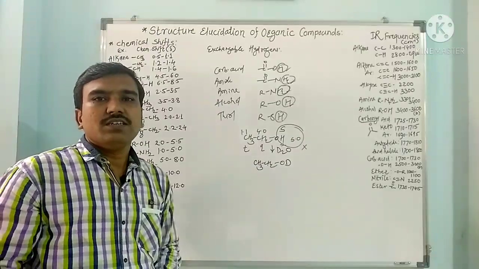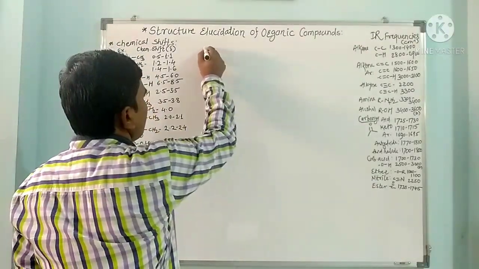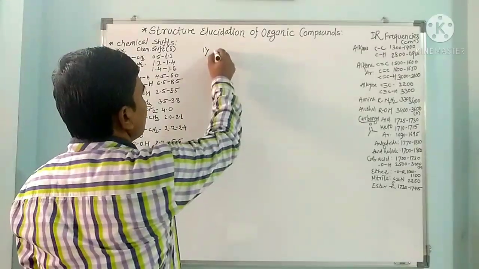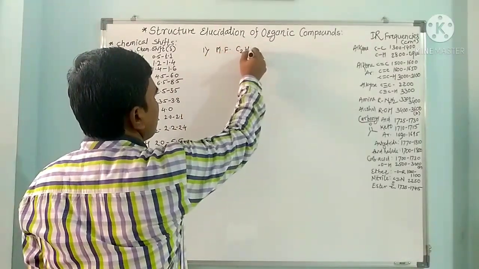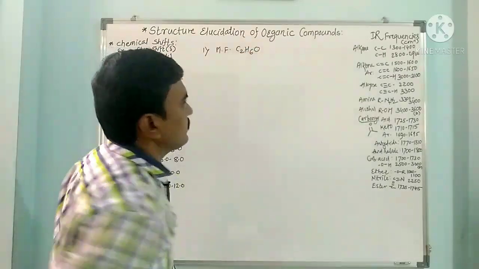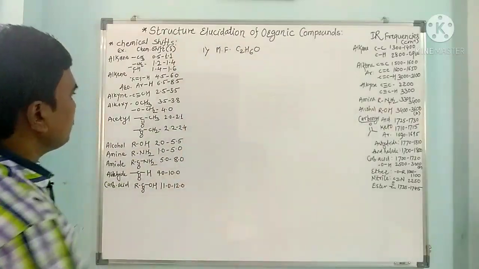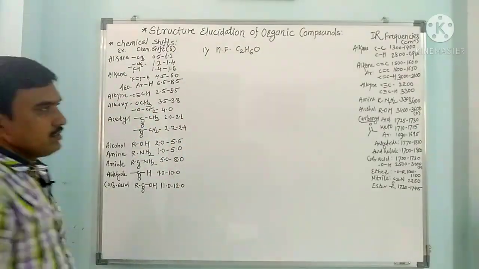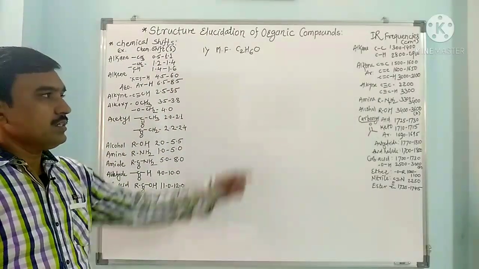Now we have to see structure elucidation of aliphatic compounds. In the first example, the molecular formula is C2H6O. These are the chemical shifts of the different protons, and these are the IR stretching frequencies of different bonds in the different functional groups.